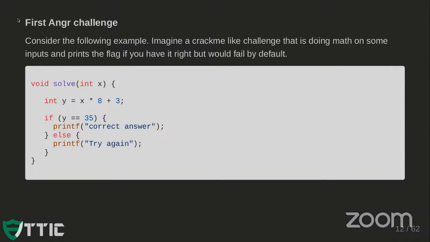You have an input x, and a mathematical equation done using the input x, and if the output has a certain value, let's say 35, it will print correct answer. If not, it will print try again. So this is a basic crackme challenge.